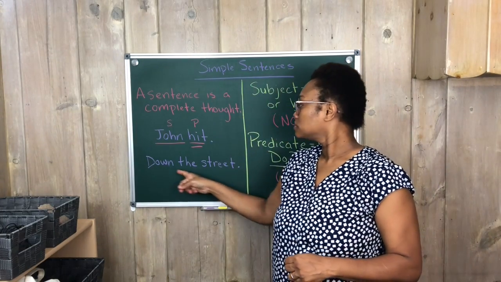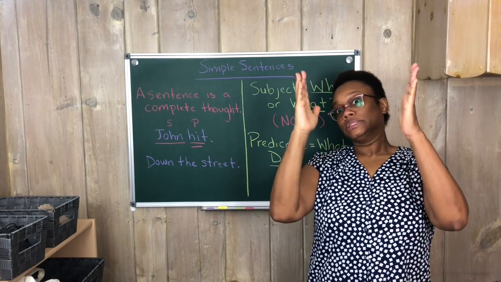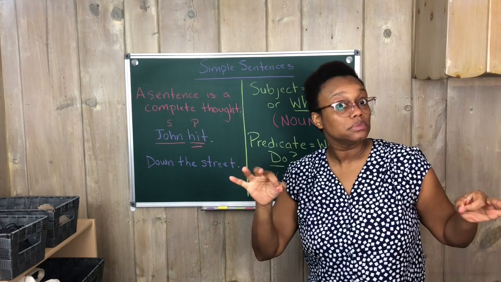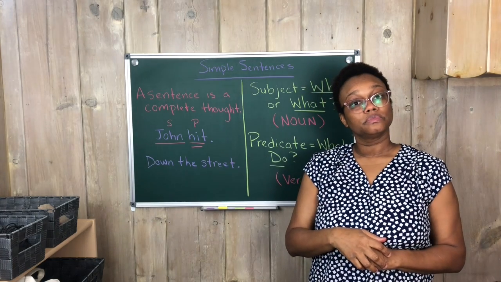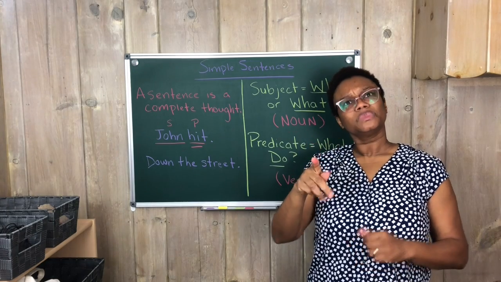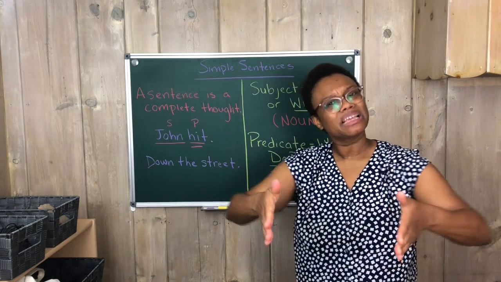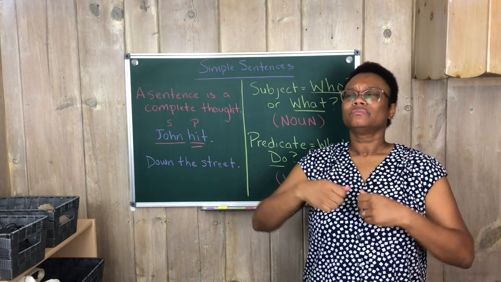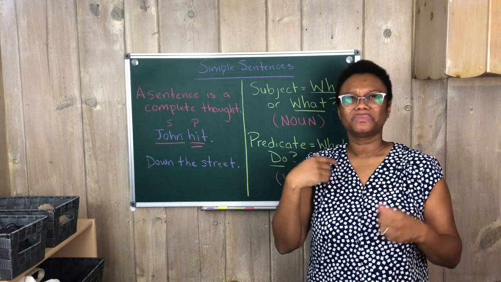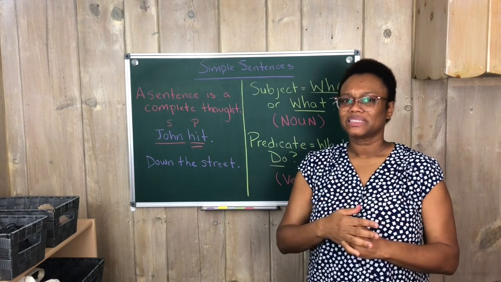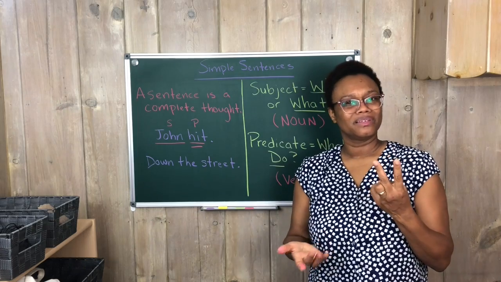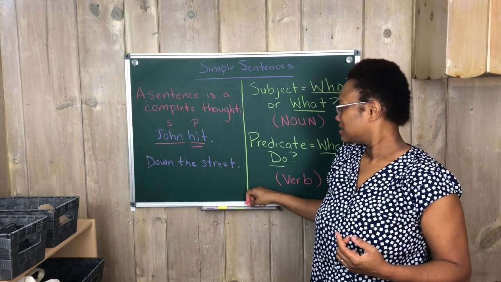Here's another example. Down the street. Is that a sentence? Let me think about that. Okay, so down the street, but who is going down the street and what are they doing? It seems to be missing both.